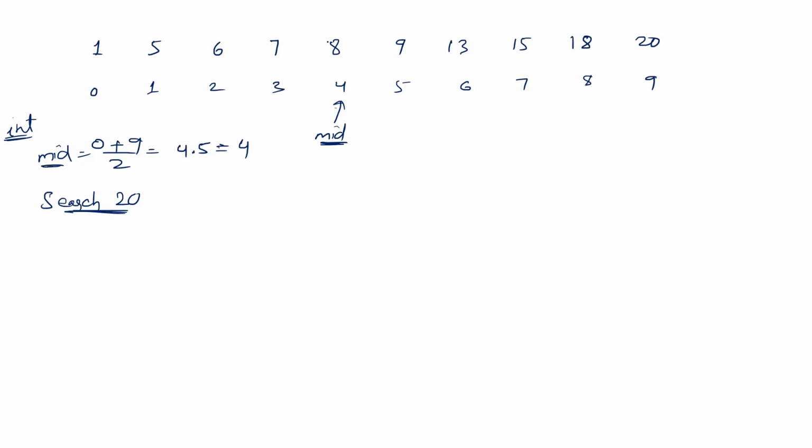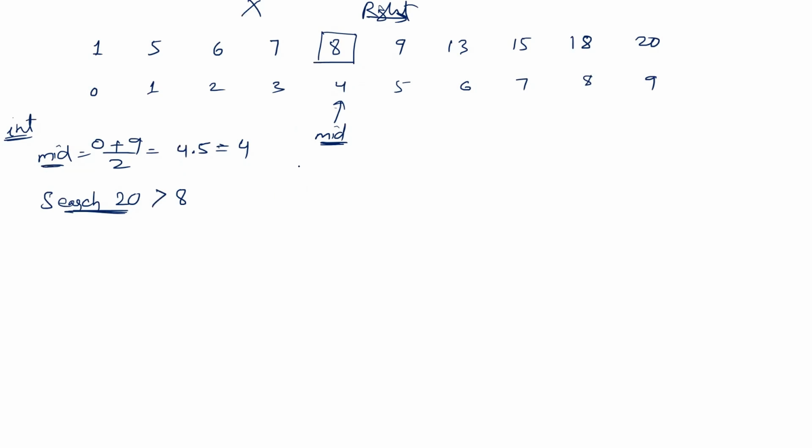Now, if you compare with the middle element, which is 8, you can see that 20 is greater than 8. So obviously, you can say that the element 20 will be present on the right side, because 20 is bigger than 8. So it could not be present to the left of the 8.